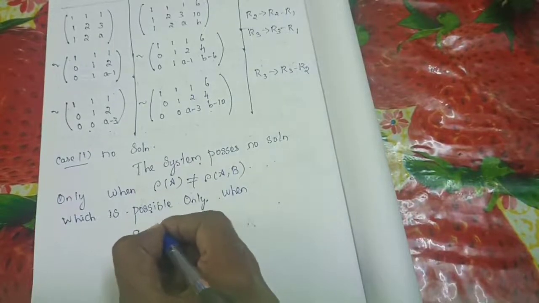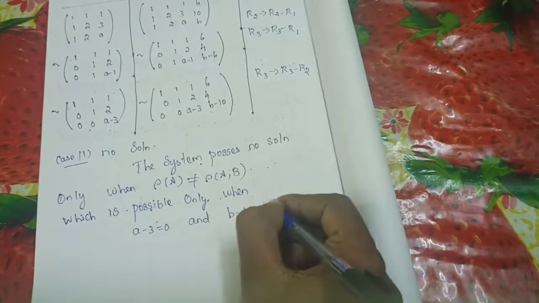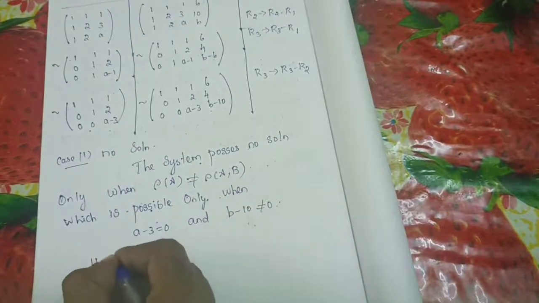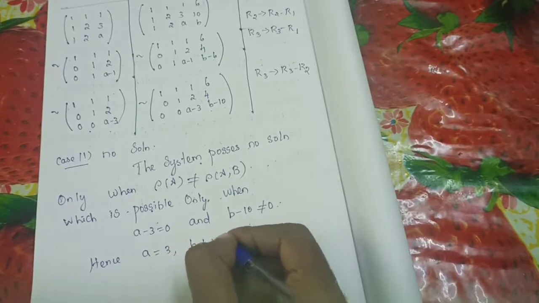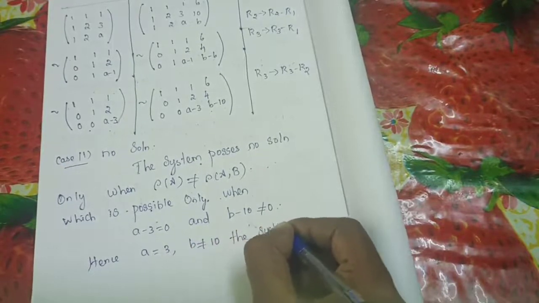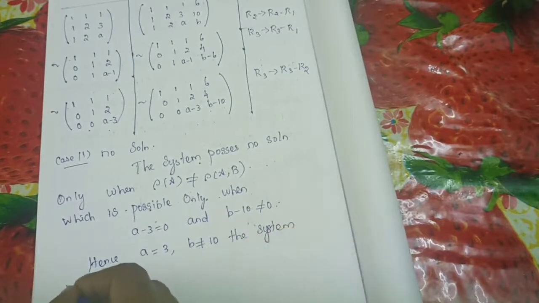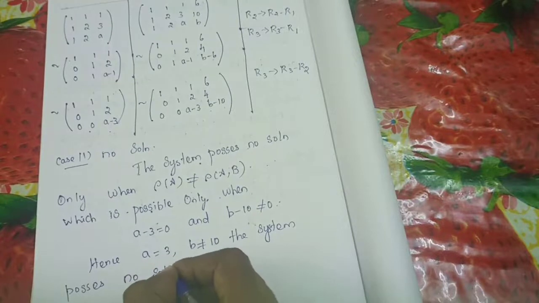So a minus 3 is equal to 0 and b minus 10 is not equal to 0. Hence a is equal to 3, b is not equal to 10. The system possesses no solution.